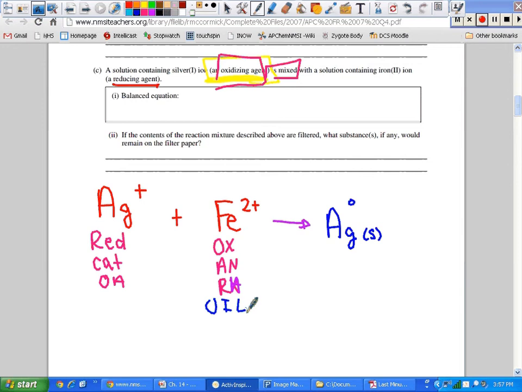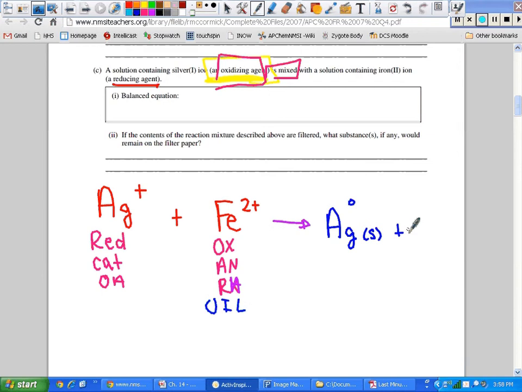What if this was lead? It'd be lead 4. What if it was copper 1 right here? Copper 2. You have to know those different transition points. What if it was tin 2? It'd go to tin 4. Go back to your polyatomic list that I gave you at the very beginning of the year. All of those are on there. So it's going to be Fe3 plus. This actually should go in the box because you're done.